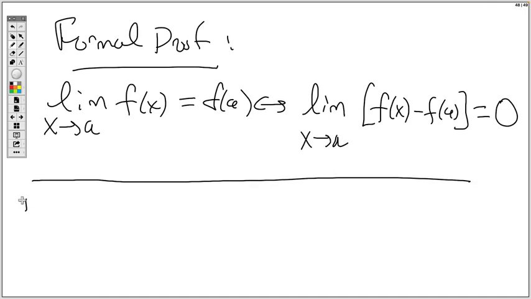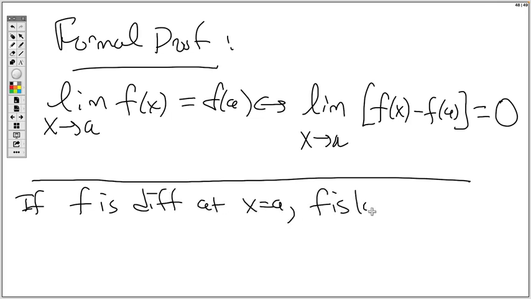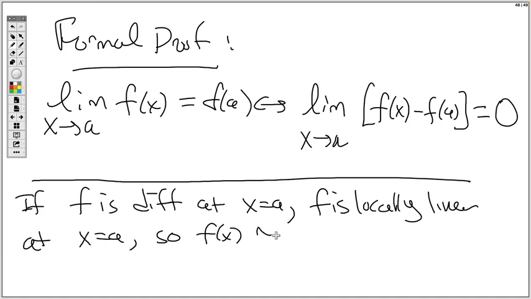So if f is differentiable at x equals a, f is locally linear at x equals a, so f of x is roughly equal to f prime of a times x minus a plus f of a.